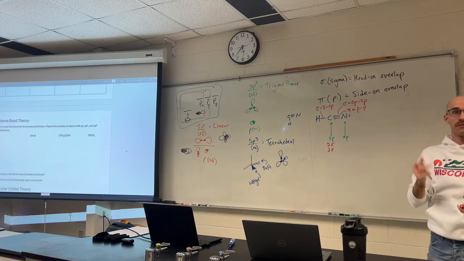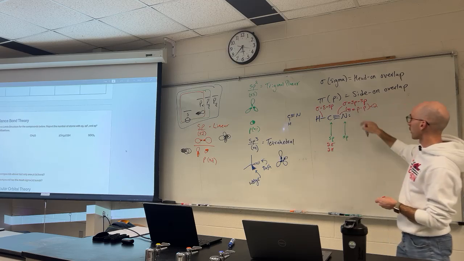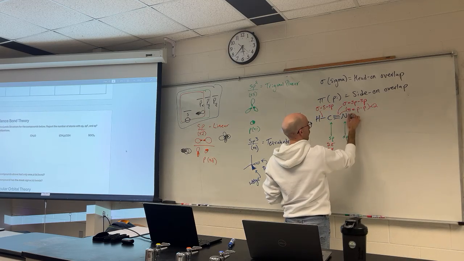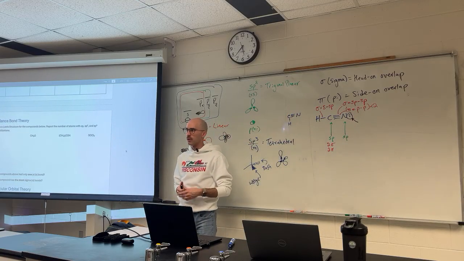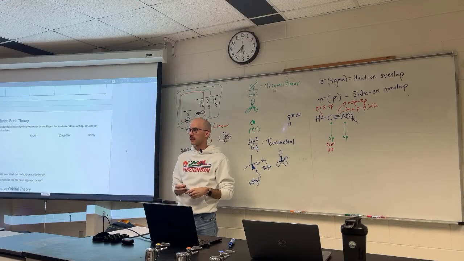And there are two of them. Two p orbitals, both are a combination of p to p overlap. How about this? What type of orbital is that non-bonding lone pair on nitrogen held in?